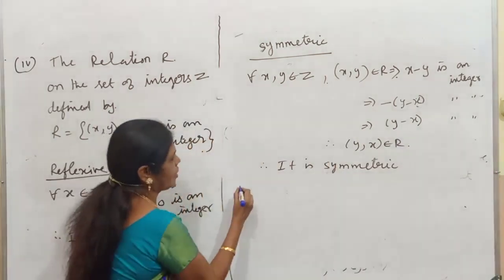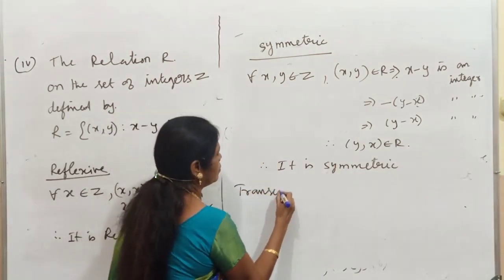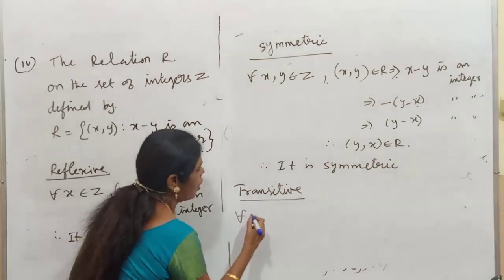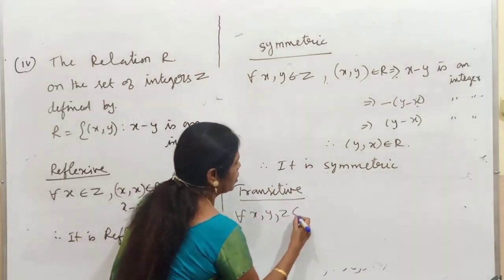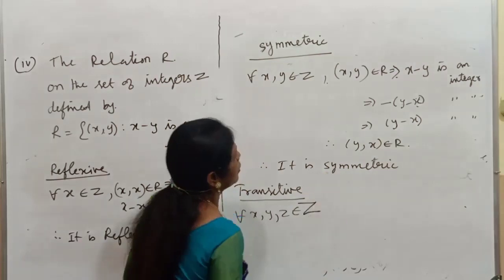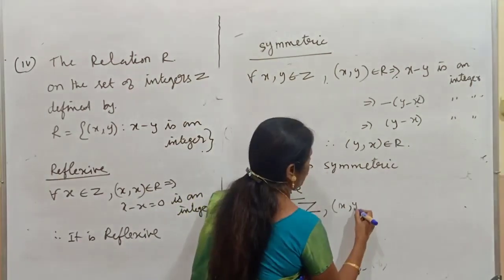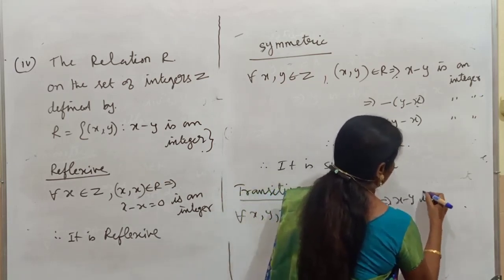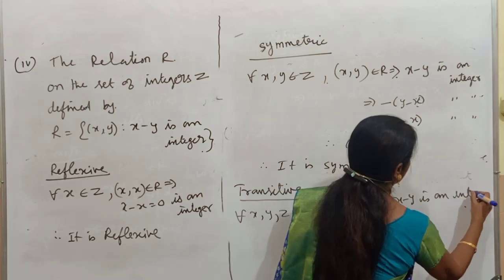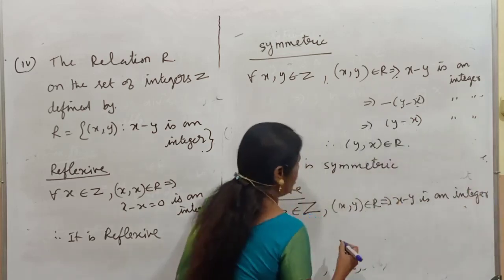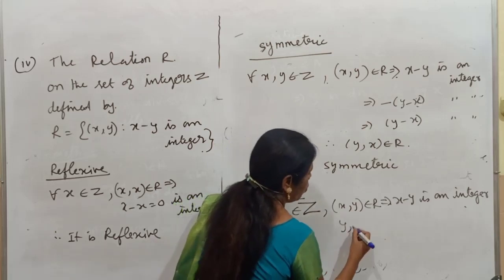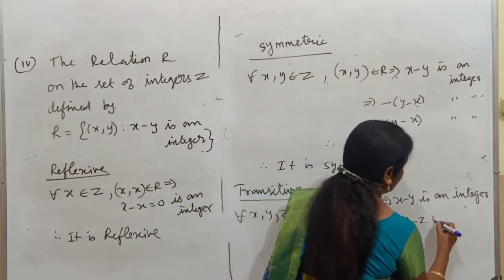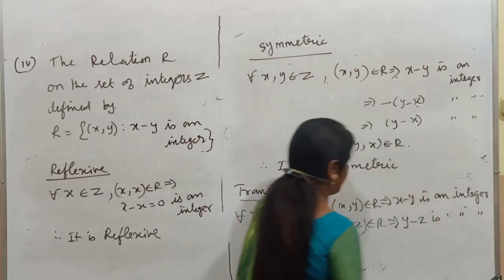Right. Next we are going for transitive. For all x, y, z belongs to the integers, x, y belongs to R implies x minus y is an integer. Then y, z belongs to R implies again it is an integer.